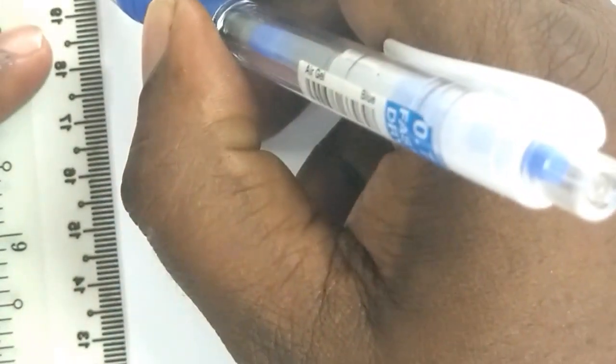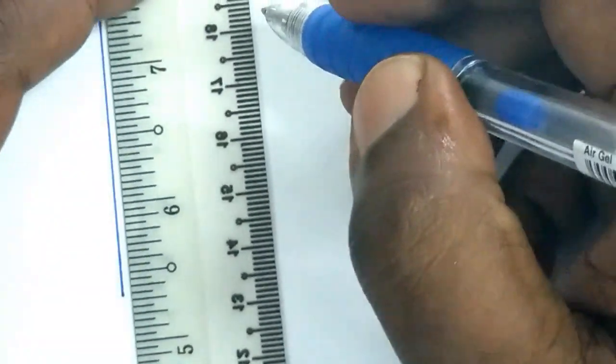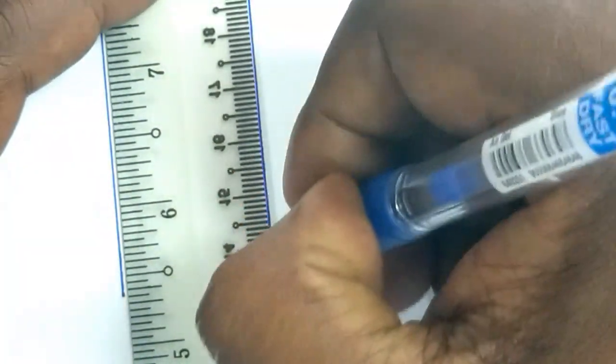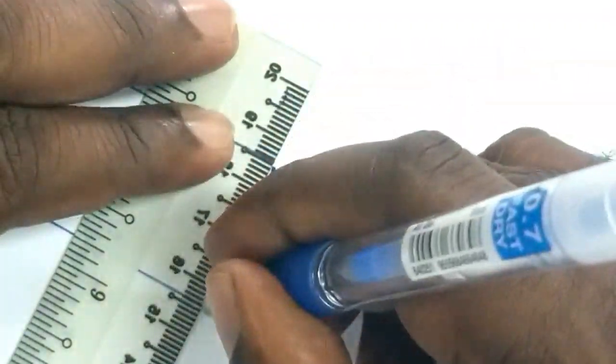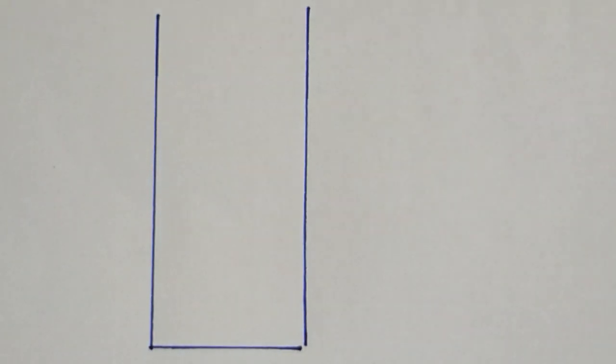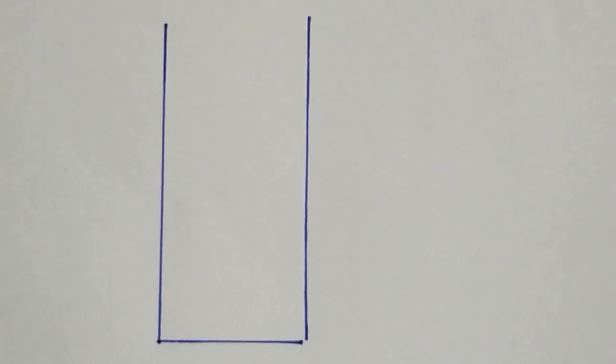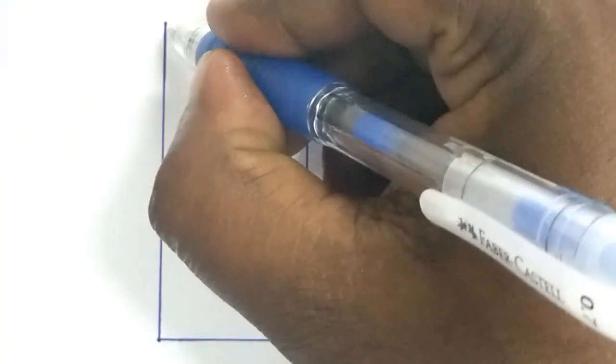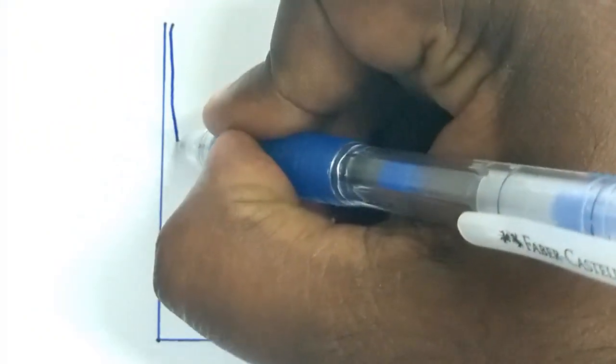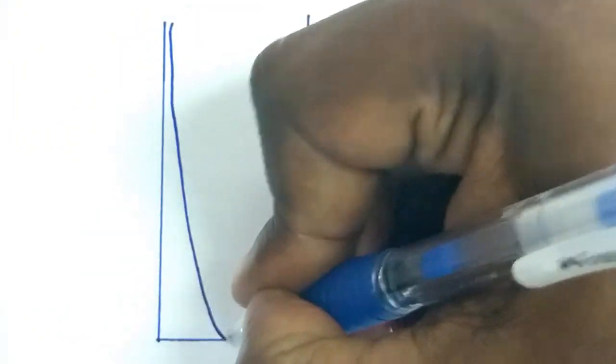So for the closed pipe, I can show you again how the waveform is formed. You can see clearly by drawing the waveform for the fundamental mode.